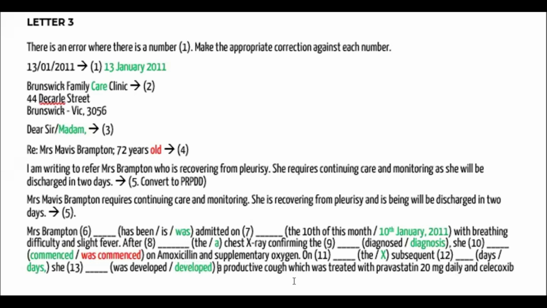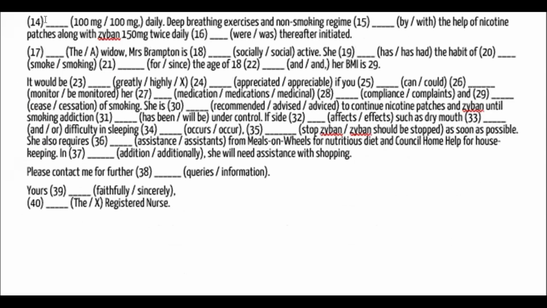A productive cough which was treated with pravastatin, I don't know, 20 milligram daily and 100 milligram, comma, which is correct one.